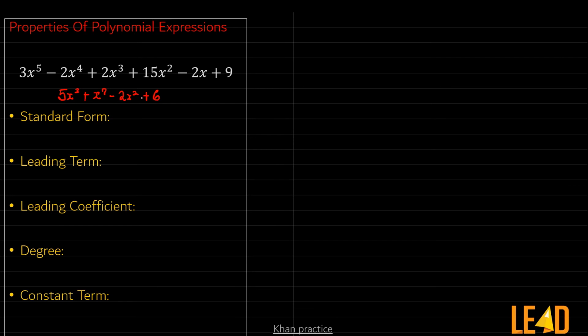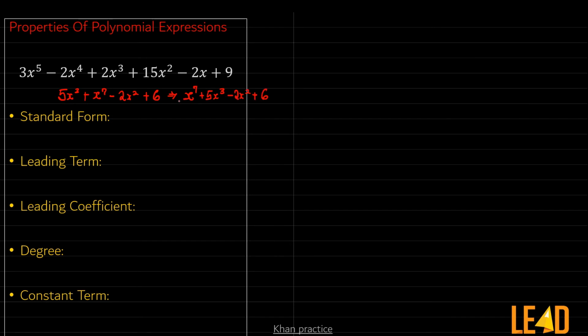And we had to write it in standard form. Then for that, we need to rewrite it as, we'll start with x to the power of 7, that's the highest power, plus 5x to the power of 3, then minus 2x to the power of 2 plus 6, right?